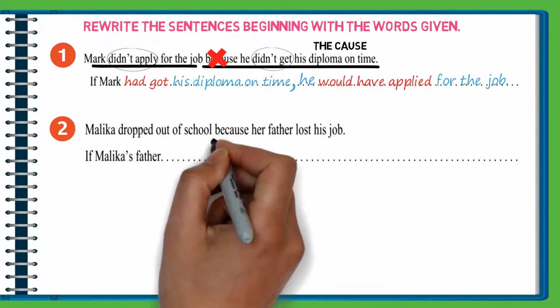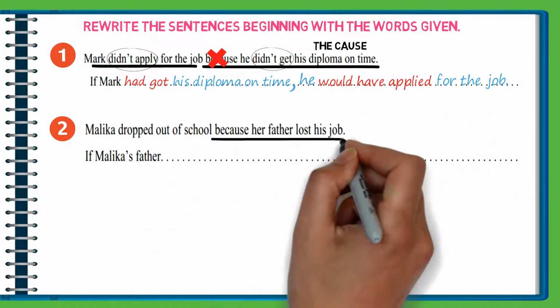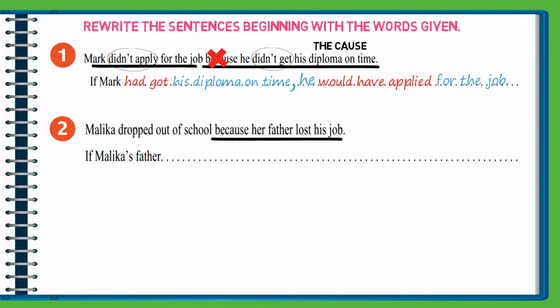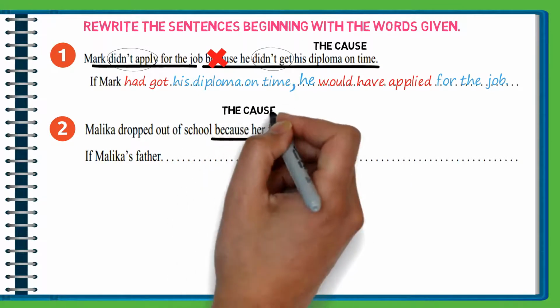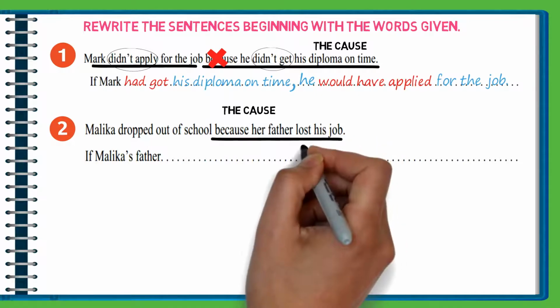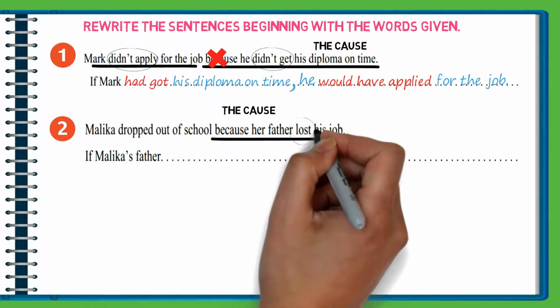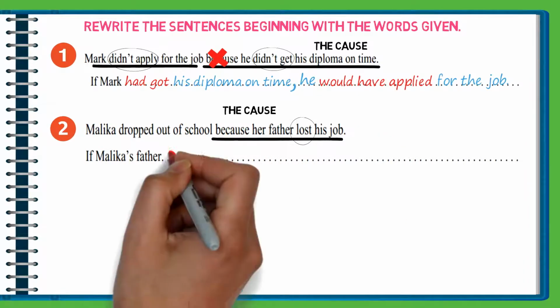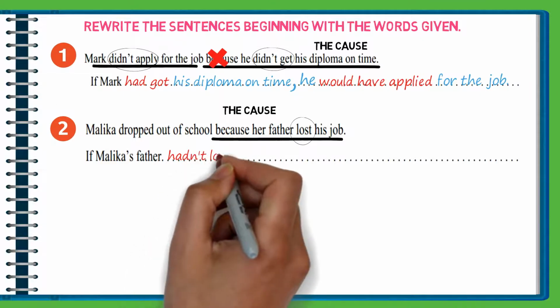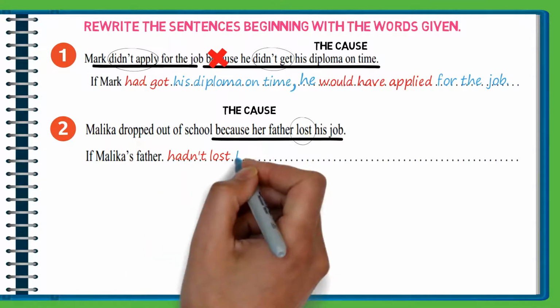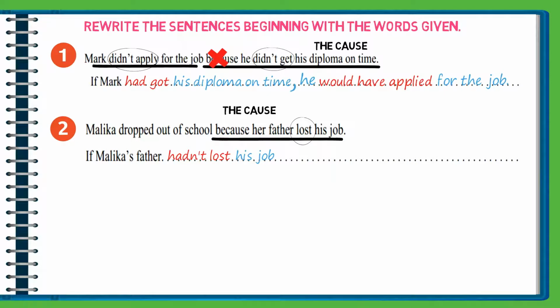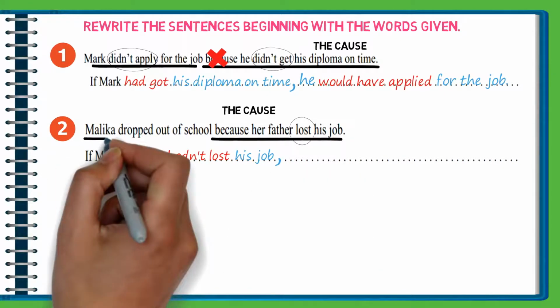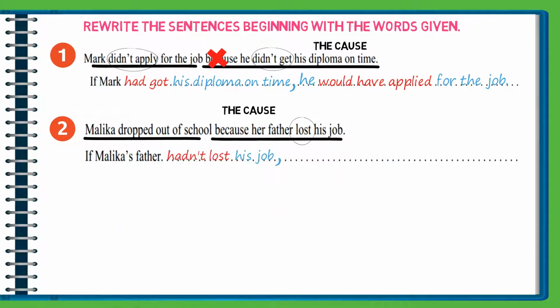Malika dropped out of school because her father lost the job. So because her father lost his job is the cause. The verb in the cause here is lost, and it is positive. We need to put it into the negative form. So we're going to say hadn't lost his job. Okay, comma. And then we go to the result clause, which is Malika dropped out of school.